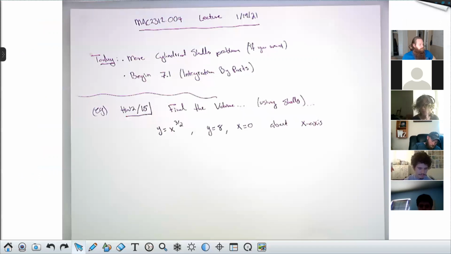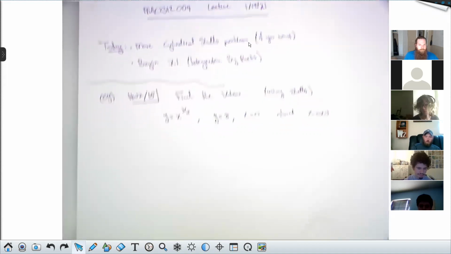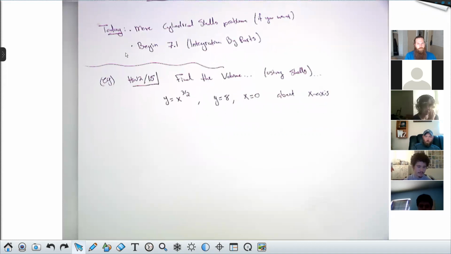So here's the setup. Now let's see. I need to know first what this curve y equals x to the 3/2 looks like. And it's not super obvious, so I'm going to spend a second talking about how to get that curve. y equals 8 is a horizontal line, and x equals 0 is the y-axis.